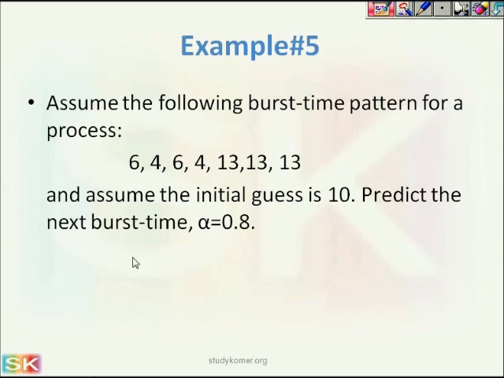Suppose we have a pattern of burst times as 6, 4, 6, 4, 13, 13, 13 and assume the initial guess is 10. Predict the next burst time with alpha equal to 0.8, right?